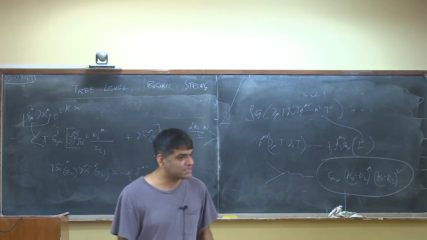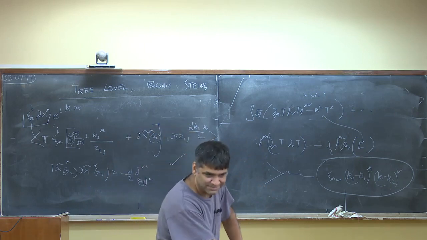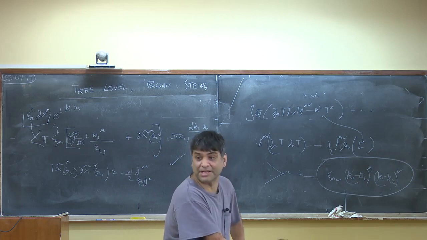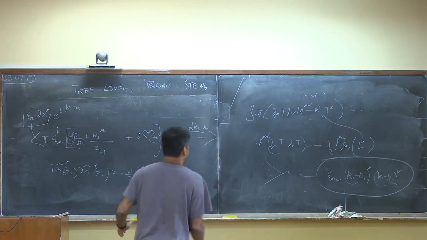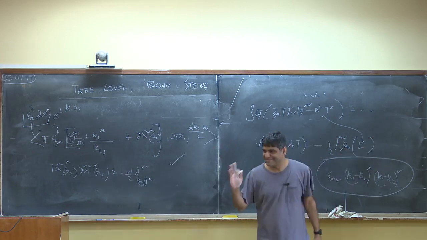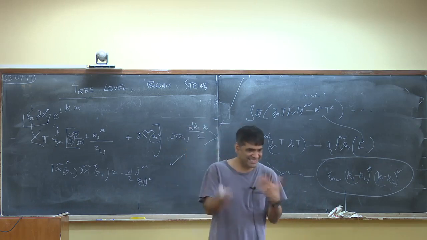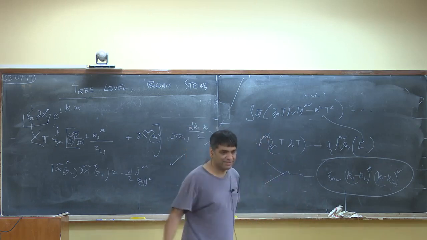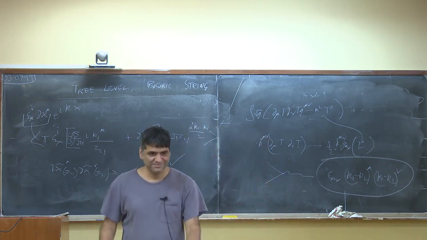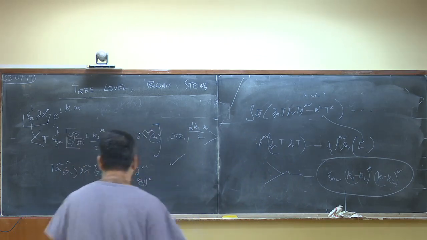You could have more general structures for the trace parts. Well, the dilaton will in general also couple to this part. It's a little more complicated. Okay, but for the massless, traceless part, this is all you could have. Let's check it. Okay, great.